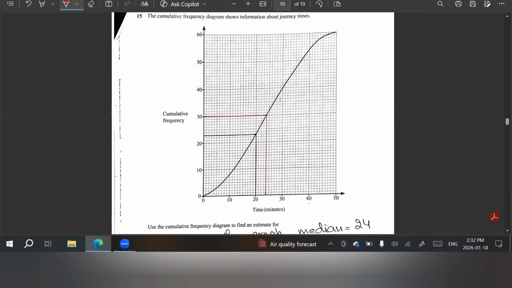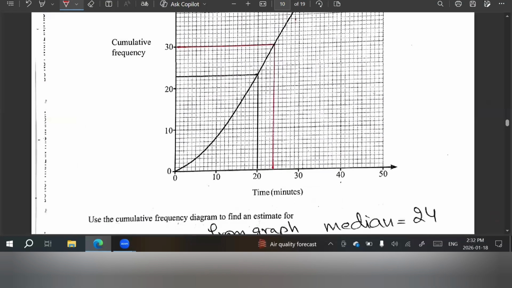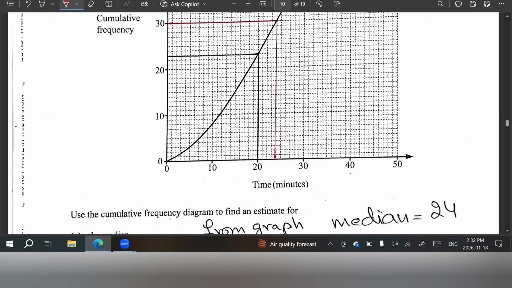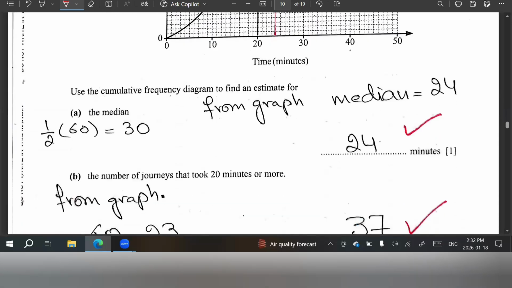When it intersects the cumulative frequency, I will check at the point of intersection what the x value is. For example, it is 24. Here on my screen, I can show you this is 24. So the median is 24. This is how you will do this. I hope you understand how we find the median.